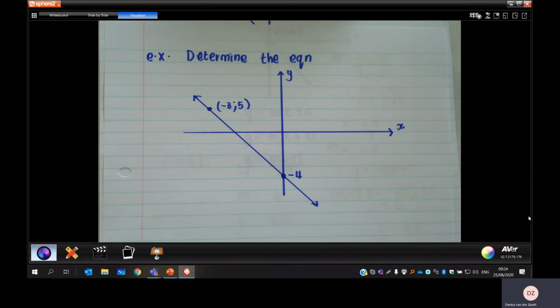Just to clarify, that's -3 and +5. And the number at the bottom is -4.